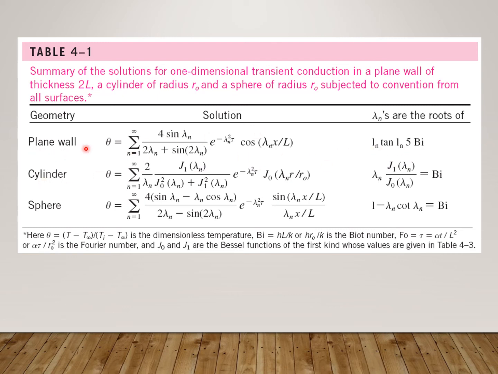So for the plane wall, theta is equal to summation of n is equal to 1 to infinity 4 sin lambda n upon 2 lambda n plus sin 2 lambda n, e to the power minus lambda n square tau, cos lambda n x by L. The roots are given by lambda n tan lambda n equals Biot number. Similarly for the cylinder we can discuss, and for the sphere, this chart can be very helpful for solving the numerical part.